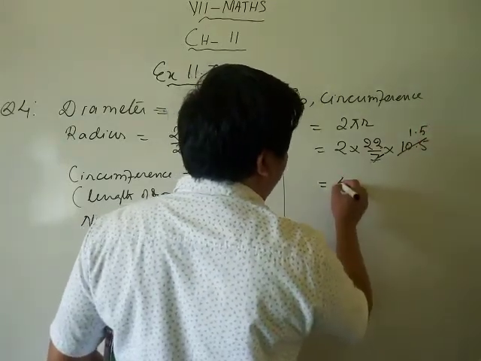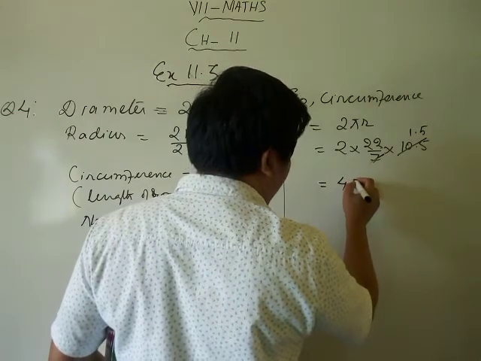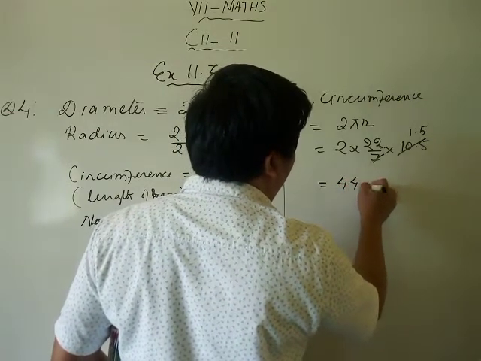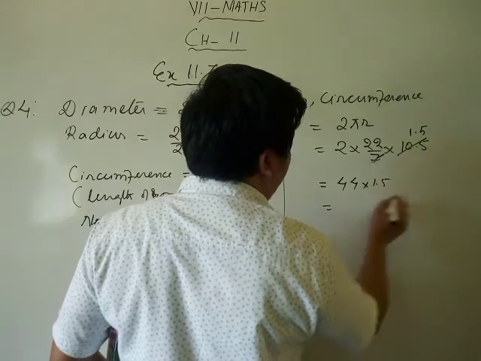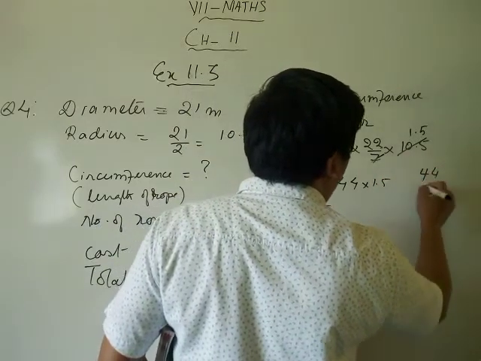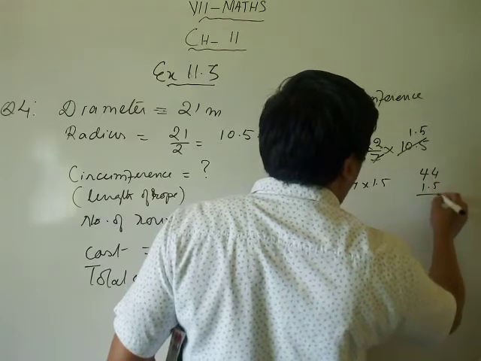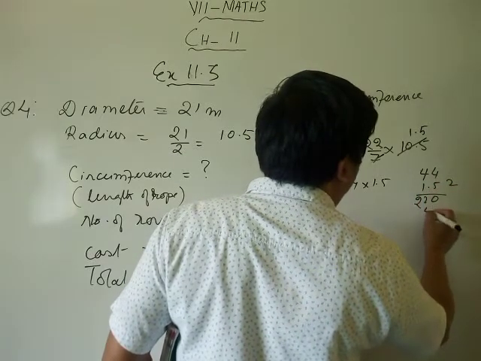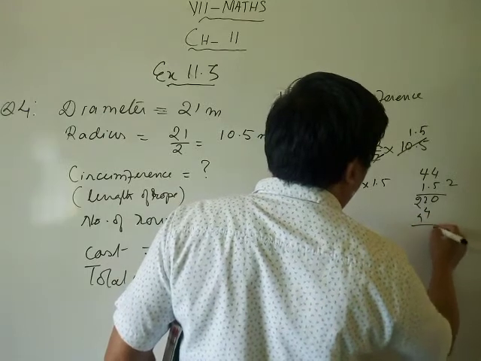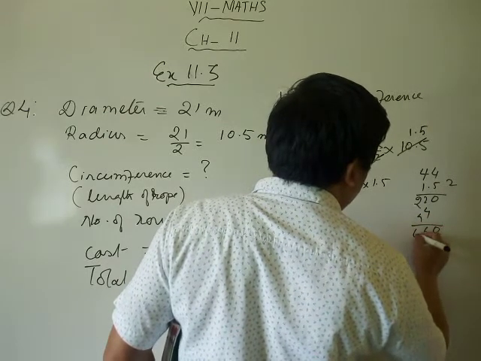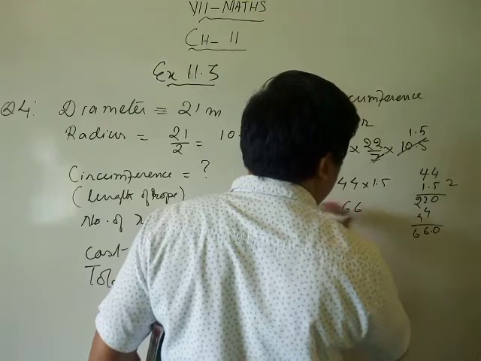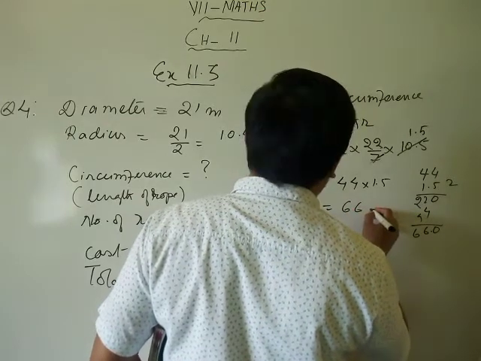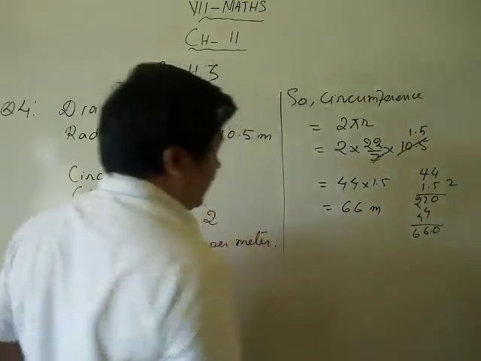So 22 twos are 44 into 1.5. 44 times 1.5 gives 66. That means we are getting the circumference as 66 meters.